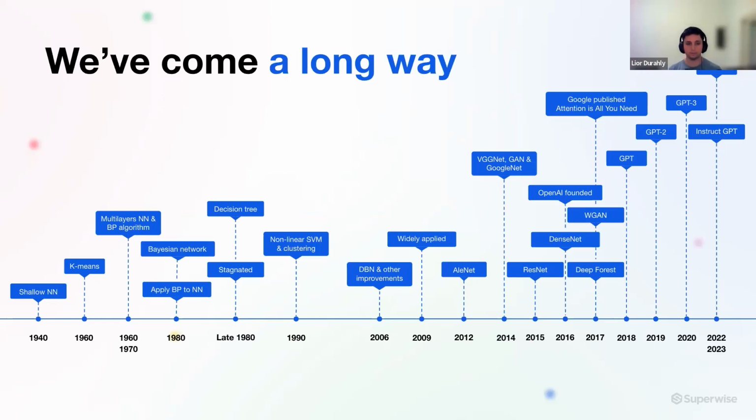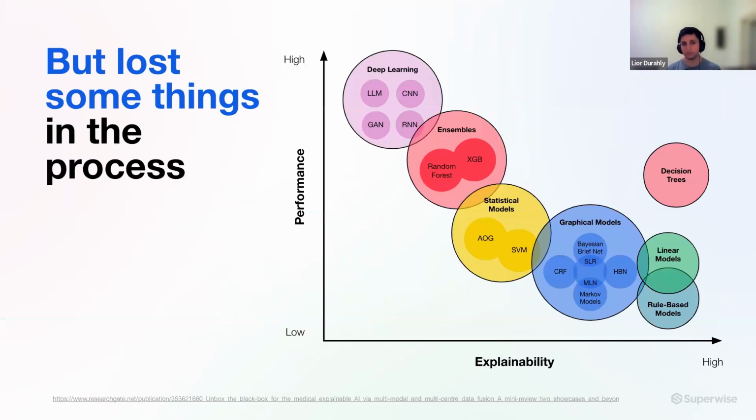But what is the problem with that? As the models got more advanced, they also got more complicated, harder to understand, and less explainable. What does that mean?